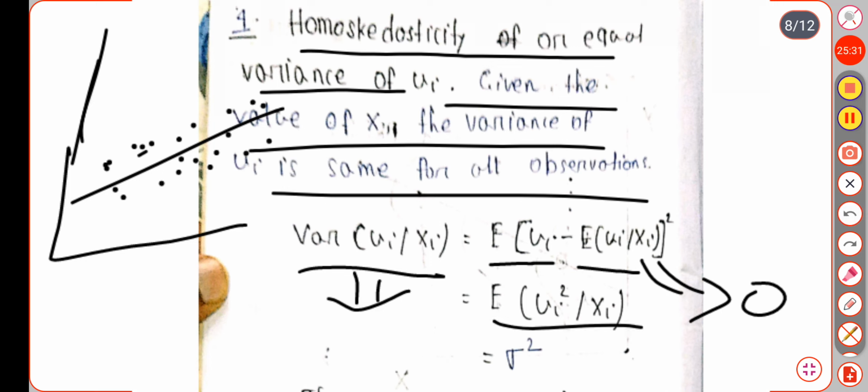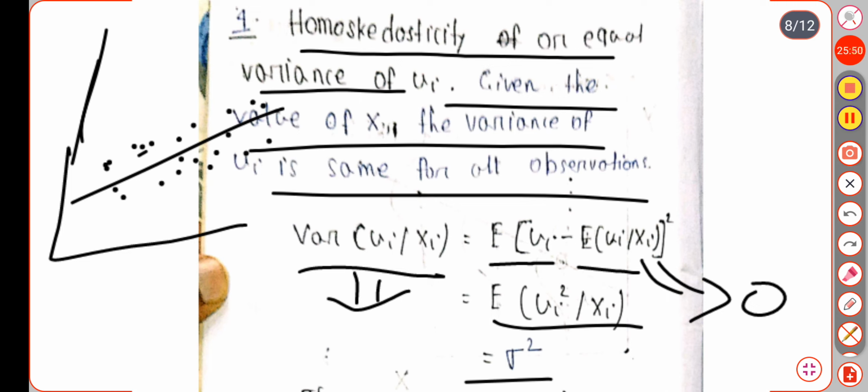This is referred to as sigma square. What is sigma square denoting here? Sigma square is denoting that the variances of the error terms are equal. Variances of all the error terms are equal, and the error term does not have an unequal variance.